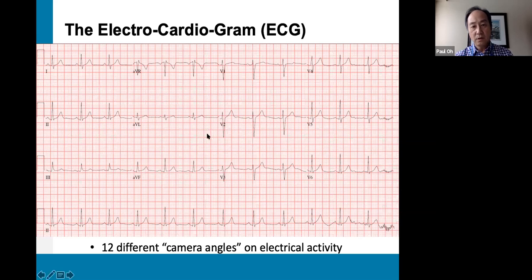V1, 2, 3, 4, 5, and 6 denote different stickers that go across the front of our chest. So they're kind of doing a rotation across the front part of the heart. And then these ones look at signals from the right side, left side, and from the bottom upwards. So 12 different camera shots on an electrical signal from the heart.